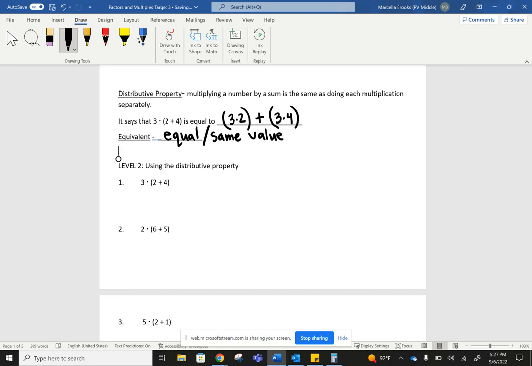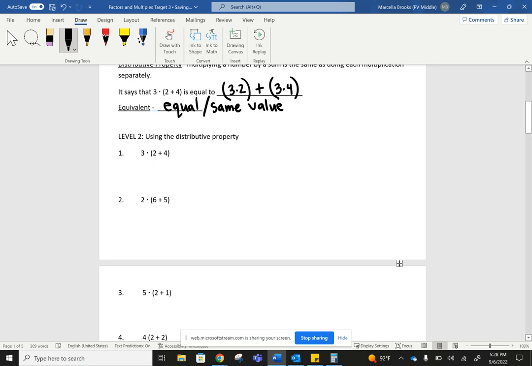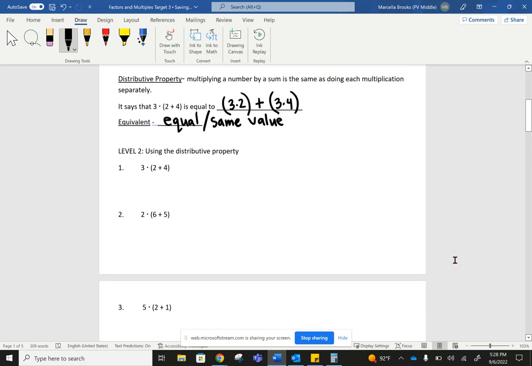The first thing we need to get down before we can move to level 3 stuff is using the distributive property. So we're doing number 1 here. 3 times the quantity 2 plus 4. We are going to rewrite that using the distributive property.